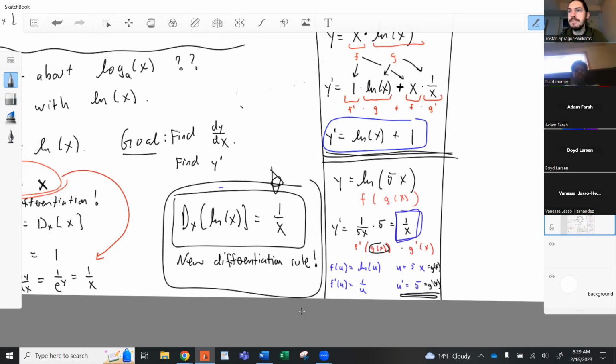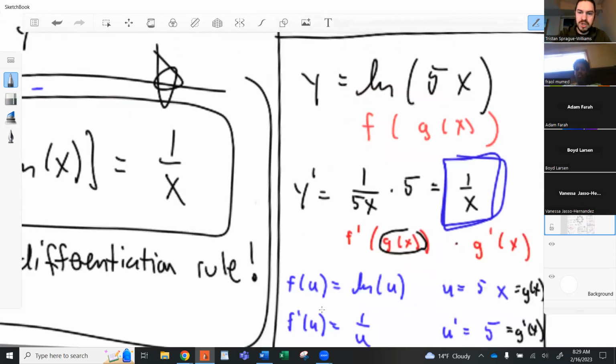Tristan? What's up, Pharrell? So you found y prime equals 1 over 5x times 5, but then that's only f prime of g of x right there, right? Oh, no, the f prime of g of x would be this part. Okay, never mind. And then this is the g prime.